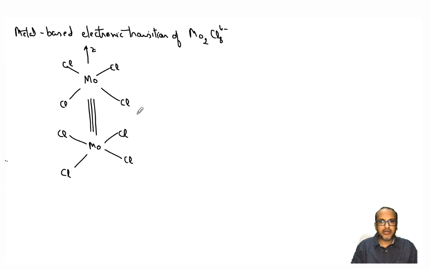And we can say that our x will be passing through one of these, so we can draw x like this, and y will be passing through another Cl bond, so we can say our y will be like this, right? So try to imagine this. Let me draw it like this in a different color, right?